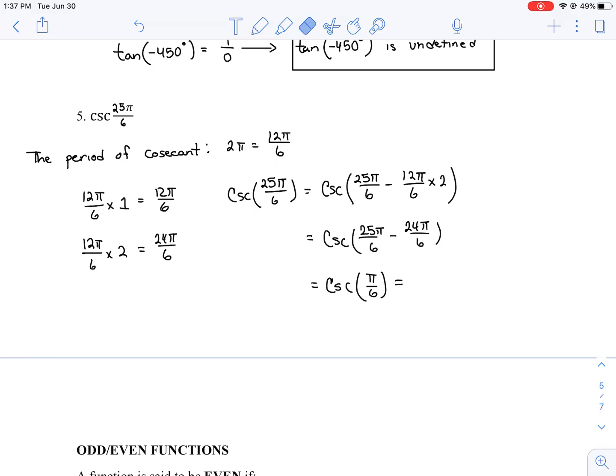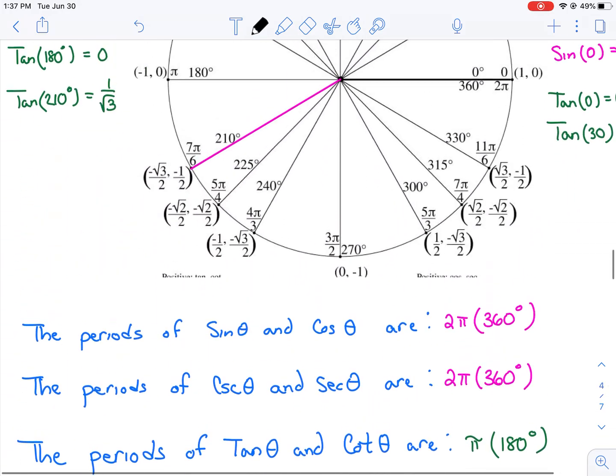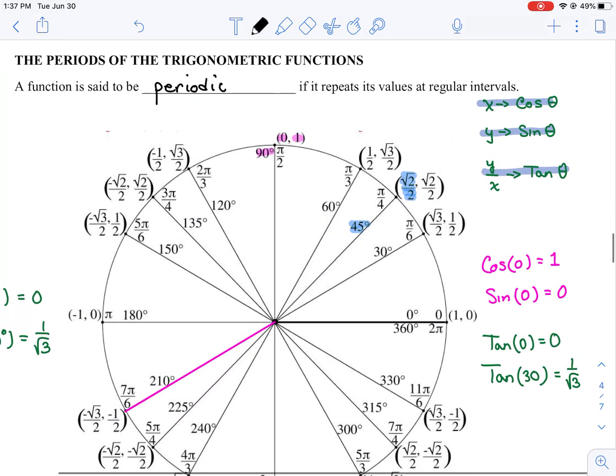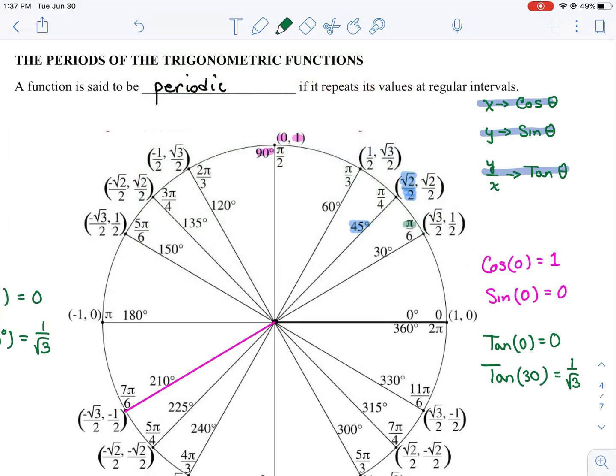And we can find the value of the cosecant of pi sixths using the unit circle. Cosecant is the reciprocal of sine, so we're going to go to the 30-degree angle, or the pi sixth angle.